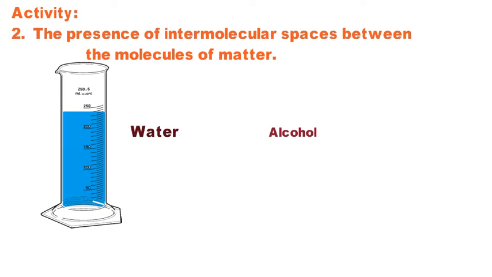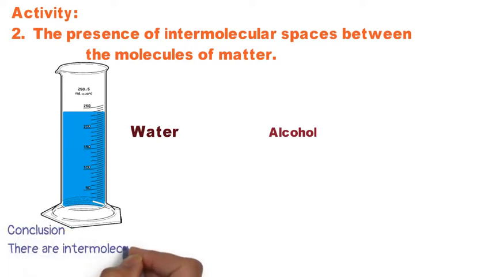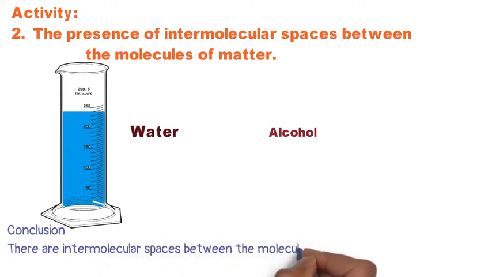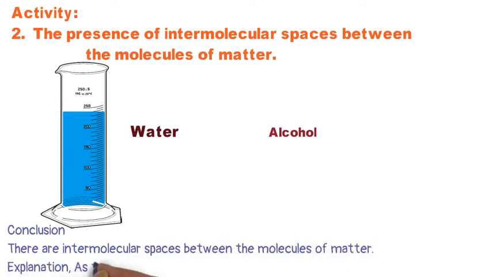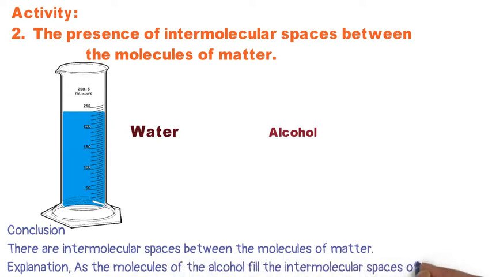But as we see here in the graduated cylinder, when I pour the ethyl alcohol into the water, the total volume is less than 250. Why? Because there are spaces between the molecules of the matter. From this we conclude that the alcohol fills the intermolecular space between the water molecules, so the total volume is less than the summation of both of them.